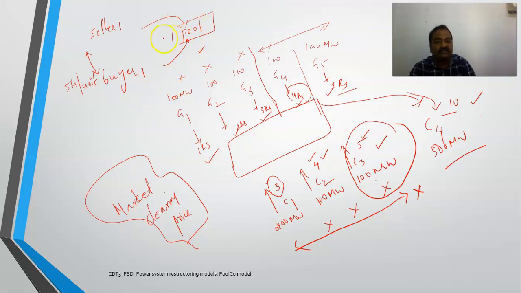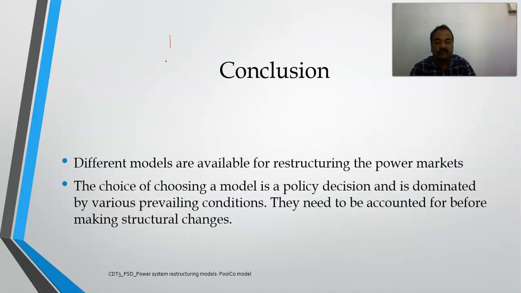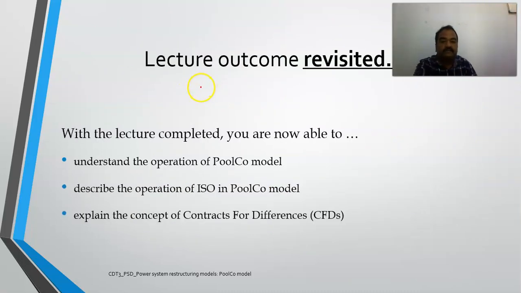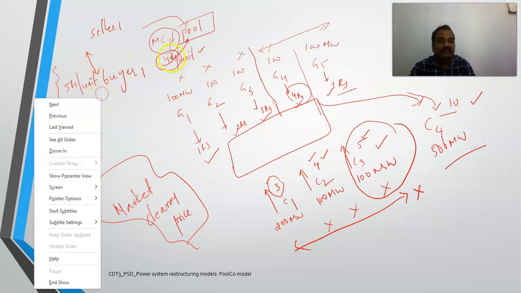Now let us suppose they have made a separate contract for 5 rupees per unit, and they will see the MCP in the pool market. If the MCP is 4 rupees per unit, then the long-term contract is higher when compared to this MCP.